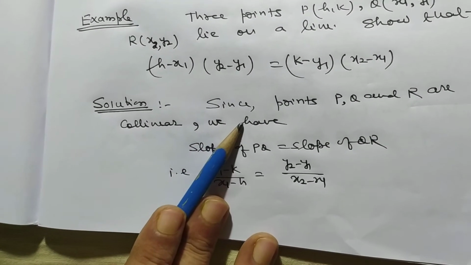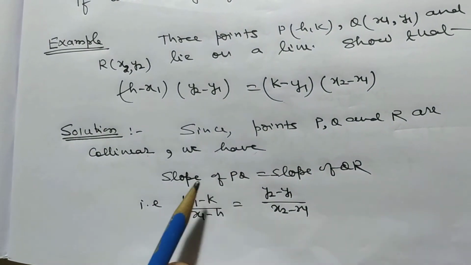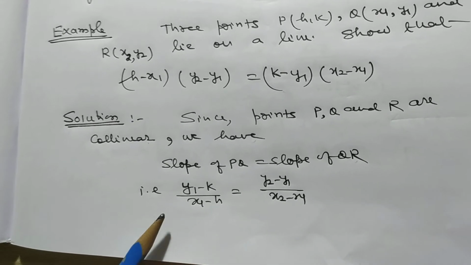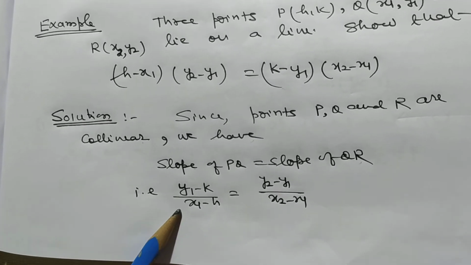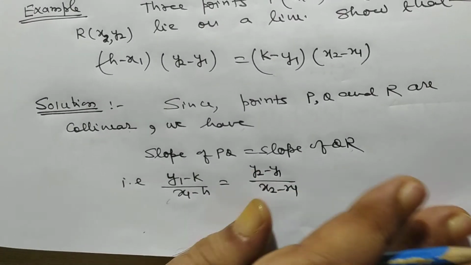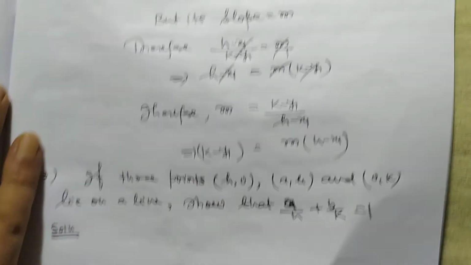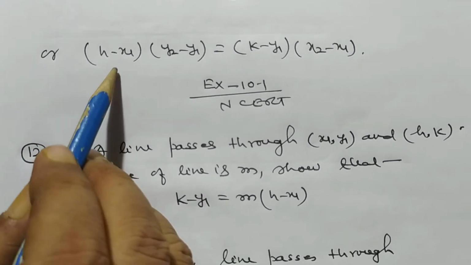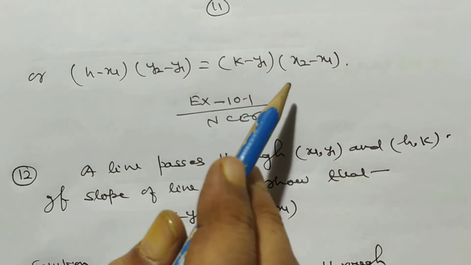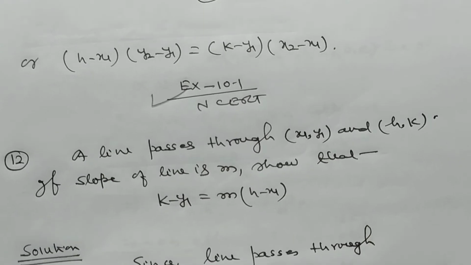My dear students, since points P, Q and R are collinear, the slope of PQ is equal to the slope of QR, that is (y1 minus k) divided by (x1 minus h) equals (y2 minus y1) divided by (x2 minus x1). So, my dear students, we get (h minus x1)(y2 minus y1) is equal to (k minus y1)(x2 minus x1).